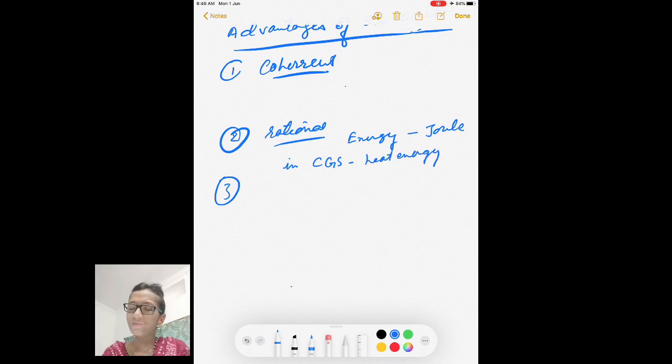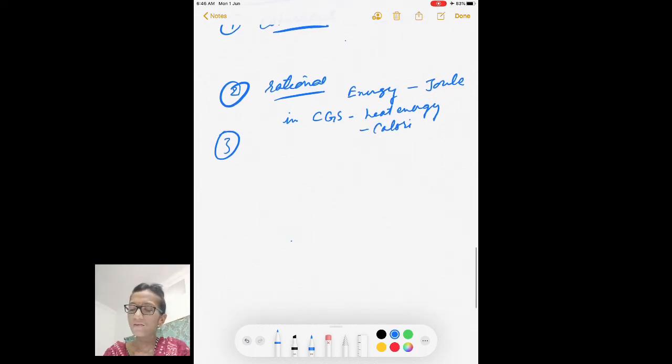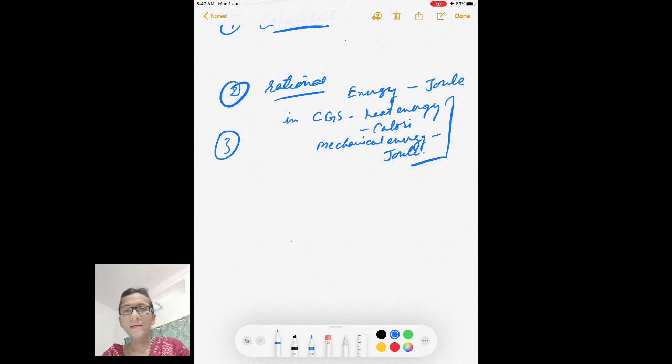For heat energy, you use calorie. For mechanical energy, you use joule. So it is just increasing the number of units and making things complicated. So the SI system is advantageous in that it gives only one unit for one kind of physical quantity.